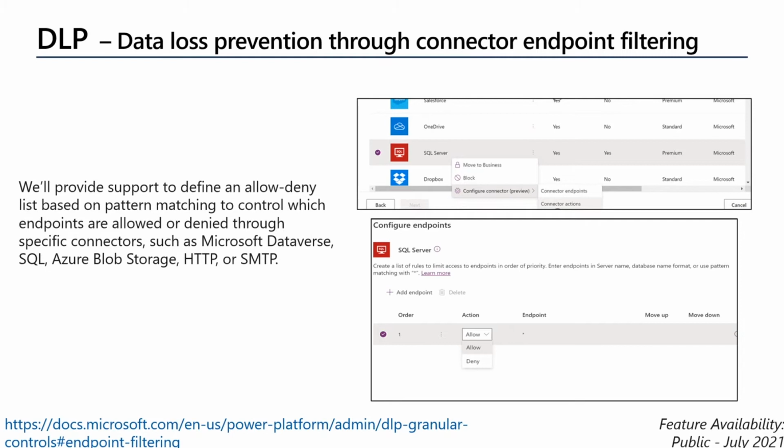This facility is available for HTTP with Azure AD, HTTP webhook, SQL Server, Dataverse, Azure Blob Storage, and the SMTP connection endpoints. So you need to go to the connection, and then you specify here allow or deny.